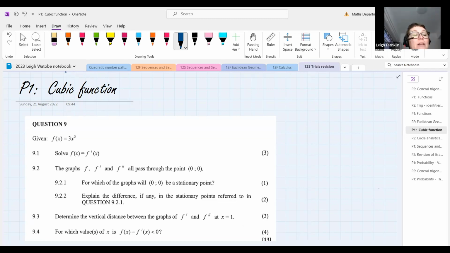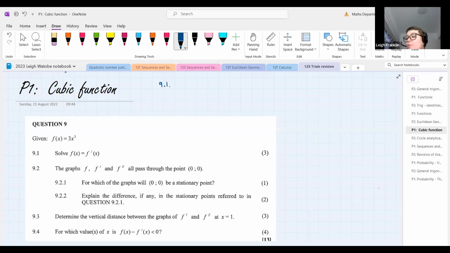Now they tell us to solve for x if f of x equals f prime x. So what does that mean? What do they want us to do with this information? What do they mean by f of x equals f prime x? Can anybody tell me, what does f prime x represent?